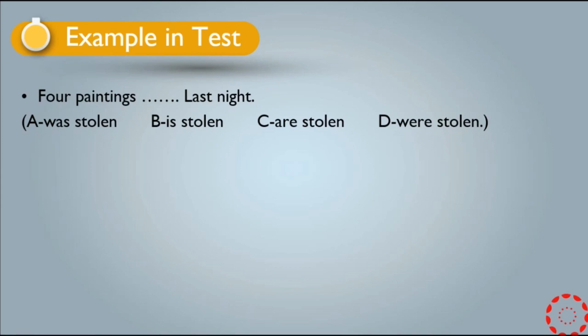Which one is correct? You have to be careful that "paintings" has an s, so you know it is plural. So you choose the option containing "were" and the past participle: "were stolen." Four paintings were stolen last night.